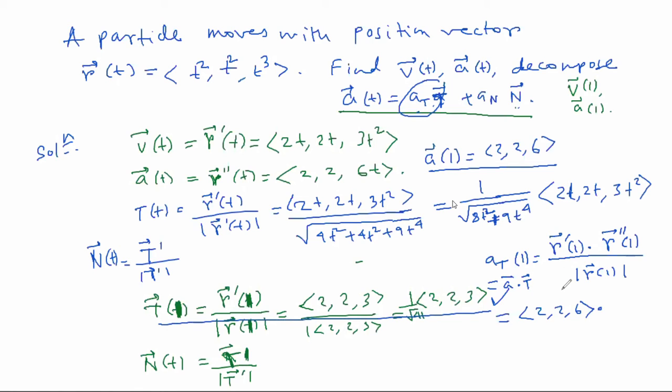And dot with T at 1, which is 2, 2, 3. If you dot it, what do you get? 4 plus 4 plus 18, right? So 26.